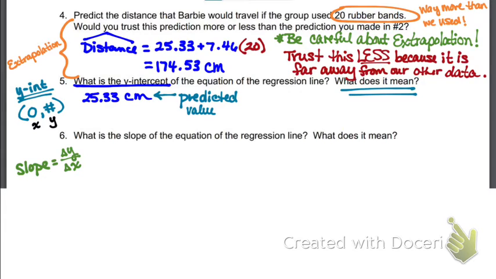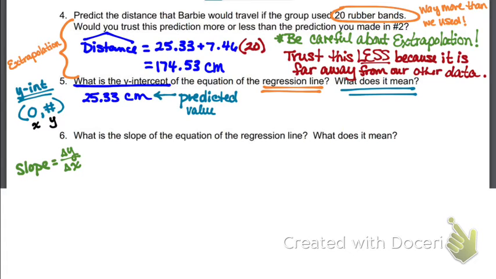So very specifically, when I'm asked to interpret the y-intercept of the regression equation or the regression line, we would say that with 0 rubber bands, we would have a predicted value.